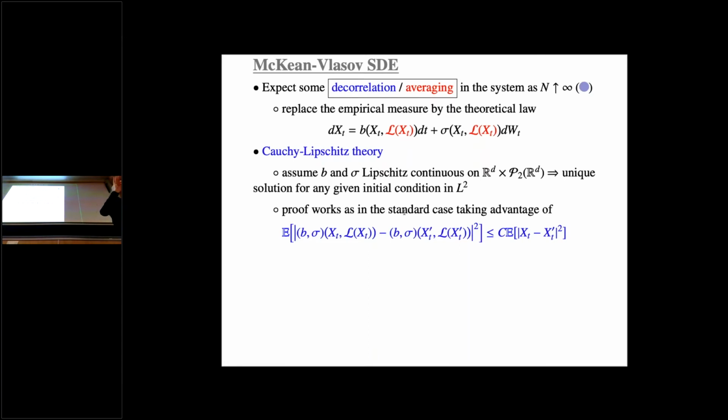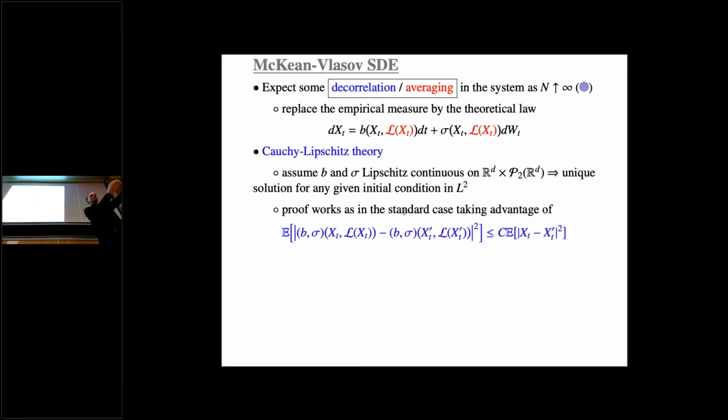Once you have existence and uniqueness of the limiting equation, you wonder whether indeed this limiting equation is the right limiting equation. You have solved the equation, you know that there is a unique solution. Is this unique solution the limit of my particle system? This is what people call propagation of chaos. Why propagation of chaos?